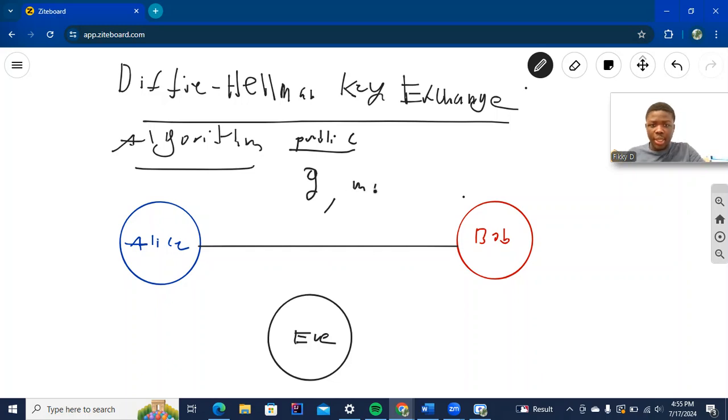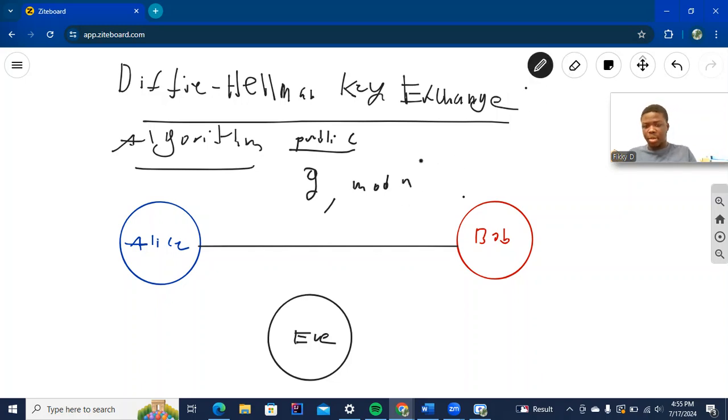So we'll use mod n, and you'll see later why we should actually use a prime n. In the Diffie-Hellman key exchange algorithm, formally n is prime. But for now, I just literally want to talk about how it actually works. So what's public is G and mod n. Okay, the G and the modulus we're using. Everyone knows that, right?